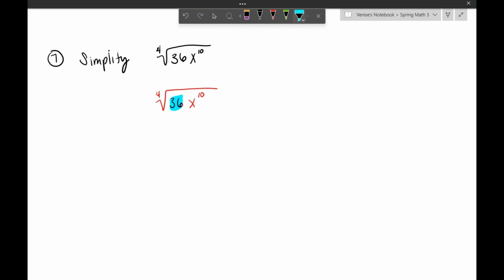Obviously, 36 cannot be divided into 4 of the same number, so 36 stays the same. But 10 is greater than my index, so I'm going to separate 10 so that it's less than my index.